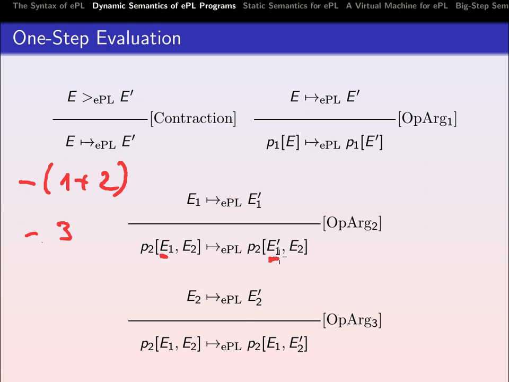We're not bothering to perform two steps. You might be tempted to take this one and add it here and say that this is E prime. We don't bother to do that. Okay? All right. So finally, we can perform a one-step evaluation in the right-hand side of an operator. Is this clear?